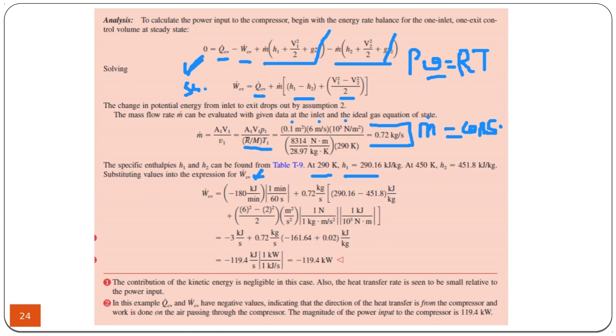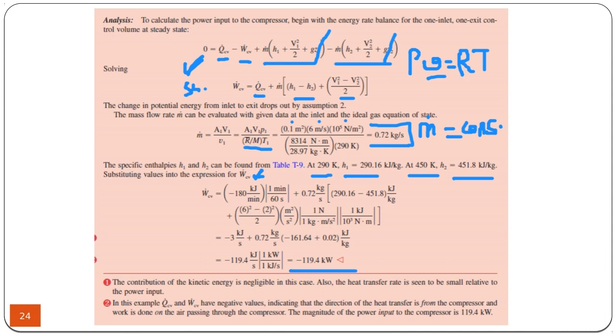At the exit we have 450, and from the table again we find the enthalpy per unit kilogram to be 451.8 kilojoules per kilogram. We just put everything in this equation to find the work necessary to operate this compressor. So the work necessary to operate this compressor is minus 119 kilowatts or kilojoules per second.